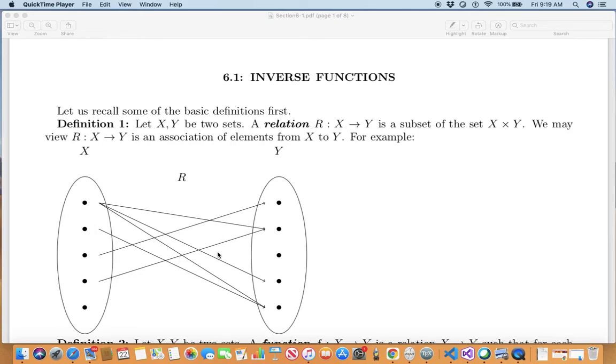The fourth element, one element here. The fifth element is not associated at all. That's okay. So this is an example of a relation, an association from the first set to the other set. However you associate is okay. If you don't associate someone, that's okay also.